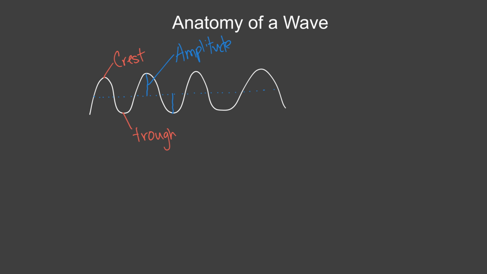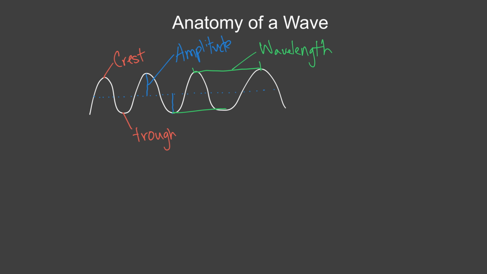And then finally, the distance from one crest to another, or from one trough to another, it would be the same distance, is our wavelength. So we have crest, trough, amplitude, and wavelength here.